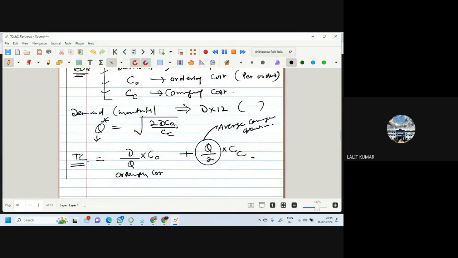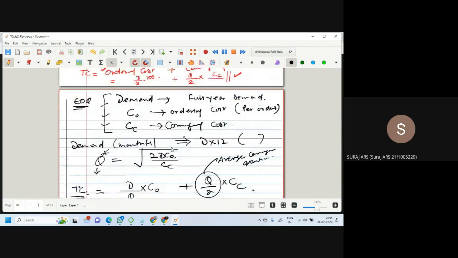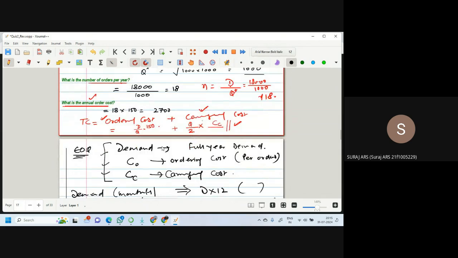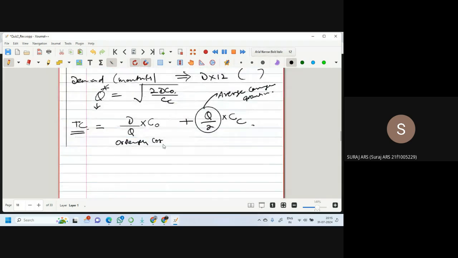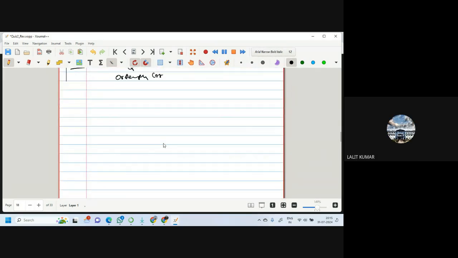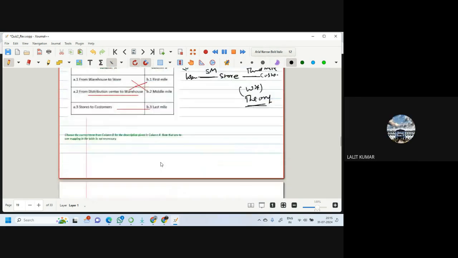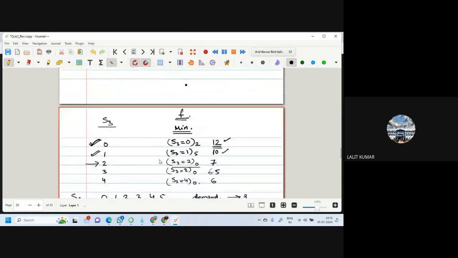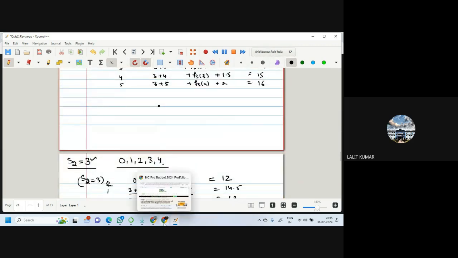That 2 was missing. You're right. While solving, you didn't multiply the 2 inside the root. So this is the formula. Sorry, human error happens. Just remember, if someone comes and asks, we can say.